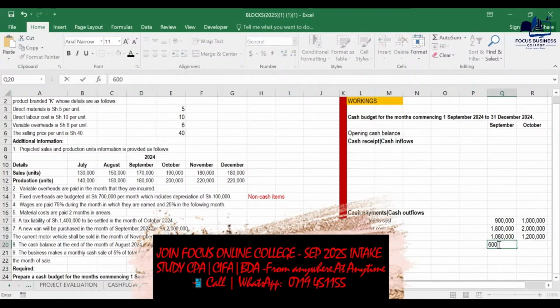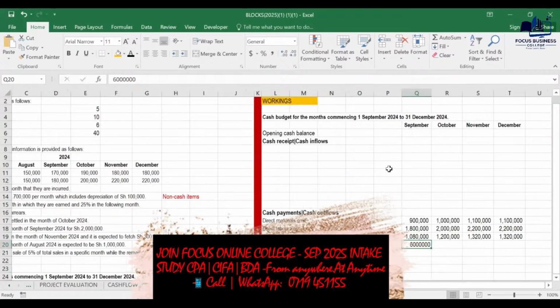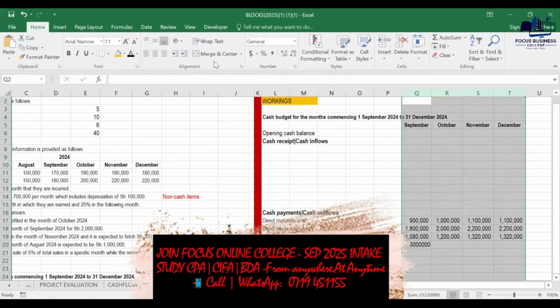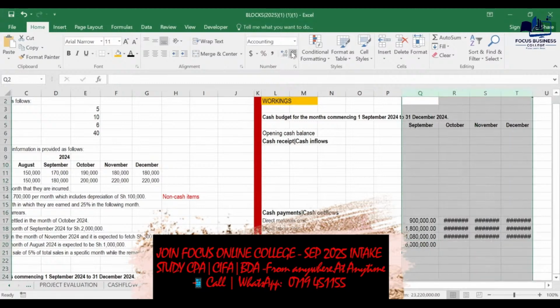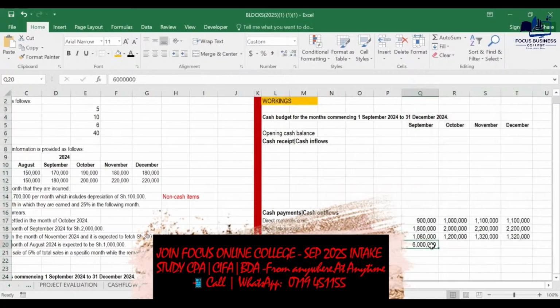No. So what we will consider as the payment which were made is just 600,000, excluding depreciation. Why are we excluding depreciation? Because that is a non-cash item. So this basically remains the same for the next 3 months.